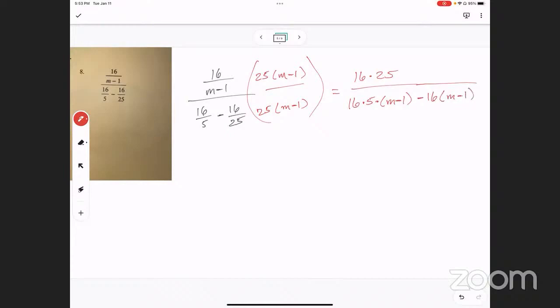So you see how I turned that complex fraction into just a regular fraction? That's what multiplying by the least common denominator will do.